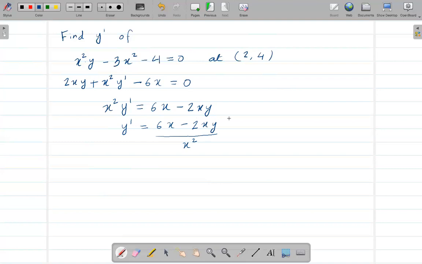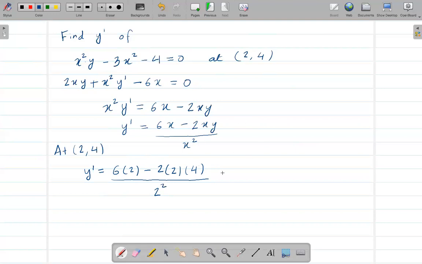Okay, so now after this, since I'm trying to find the value of y prime, the value of y prime at this point, at 2, 4, is equal to 6 times 2, sorry, 6x or 6 times 2 minus 2 times 2 times 4 over x squared or 2 squared, right?